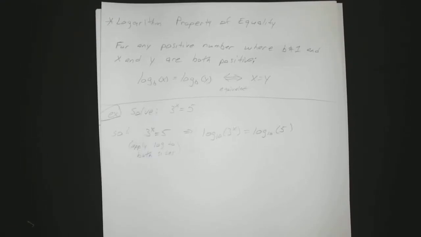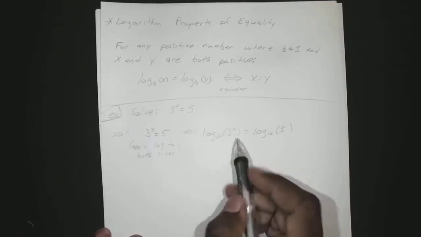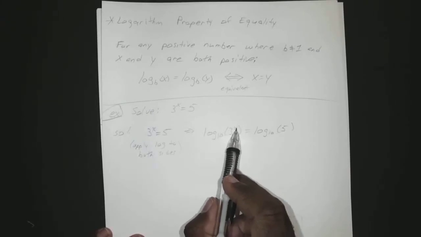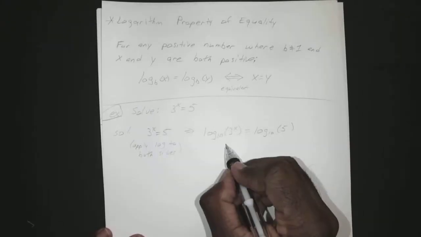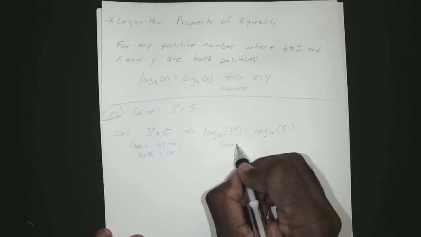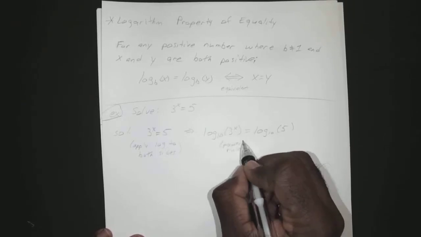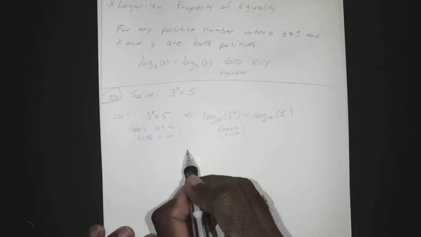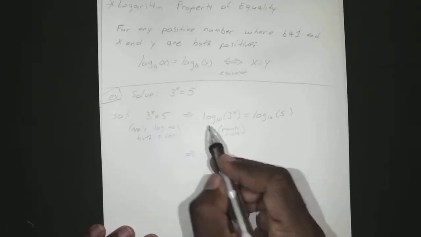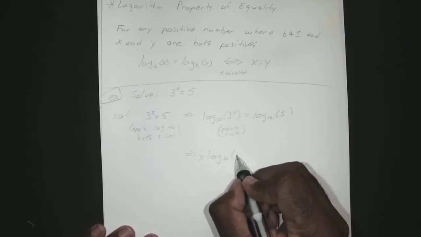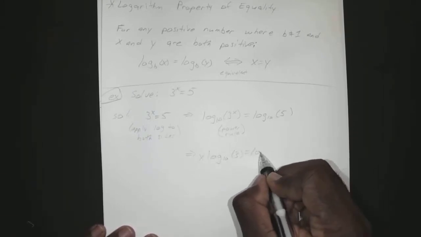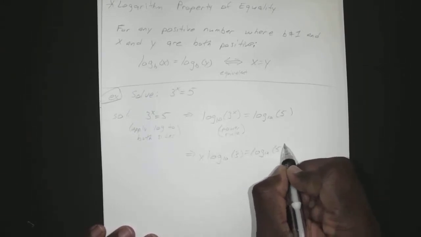Okay. Now this is where you have to remember the power rule. Because remember, whenever you have a logarithm and you have an exponent, it can actually go down to the front. Okay, so this becomes x times log base 10 of 3 equals log base 10 of 5.